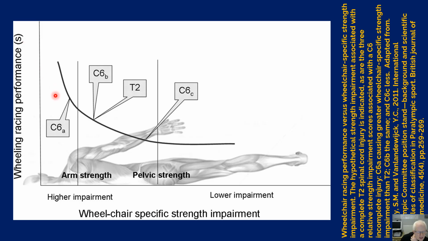So what you start to see is, if you look here, somebody who's got a C6 lesion. Okay, they've got a C6 lesion, but they've got arm strength. So actually our wheeling racing performance time is slower. They've got limited arm strength compared to somebody who has got fuller arm strength with a C6. So it just depends on the impact that it's had.